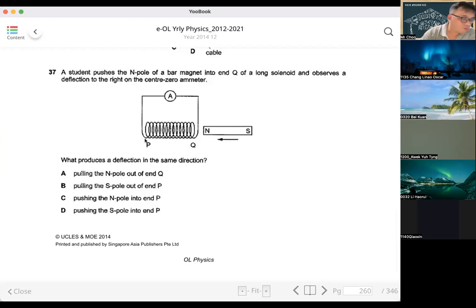Bei Kwan, try again. Chelsea, well done. Oscar, well done. Yiting, well done. How about the rest of you? Okay, Bacon, incorrect.